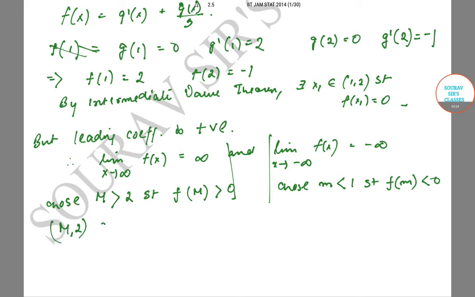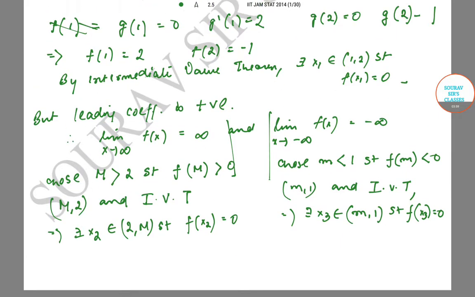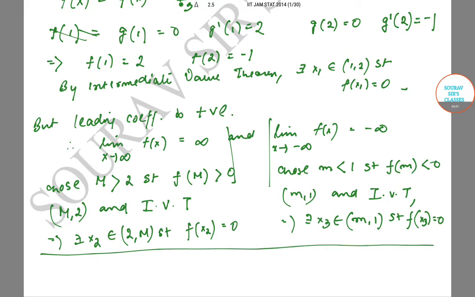Now in (m, 2) another application of the intermediate value theorem gives x2 in (2, m) such that f(x2) = 0, and in (m, 1), another application of the intermediate value theorem, we get there exists x3 in (m, 1) such that f(x3) = 0. f is a 3-degree polynomial which can have at most 3 roots.